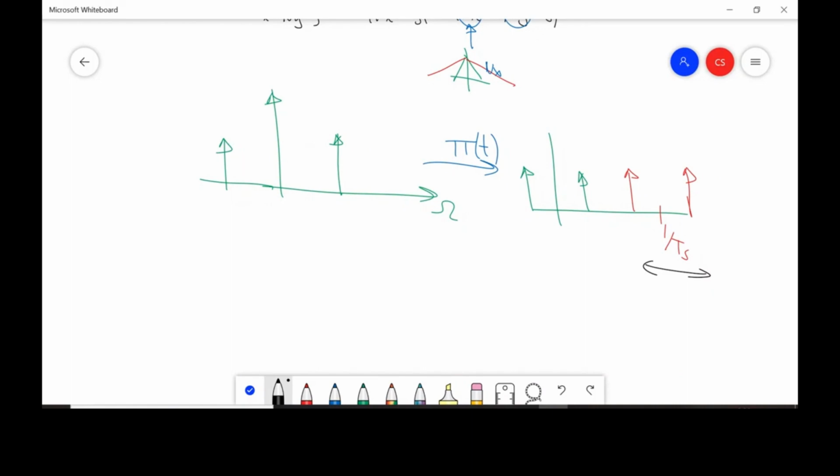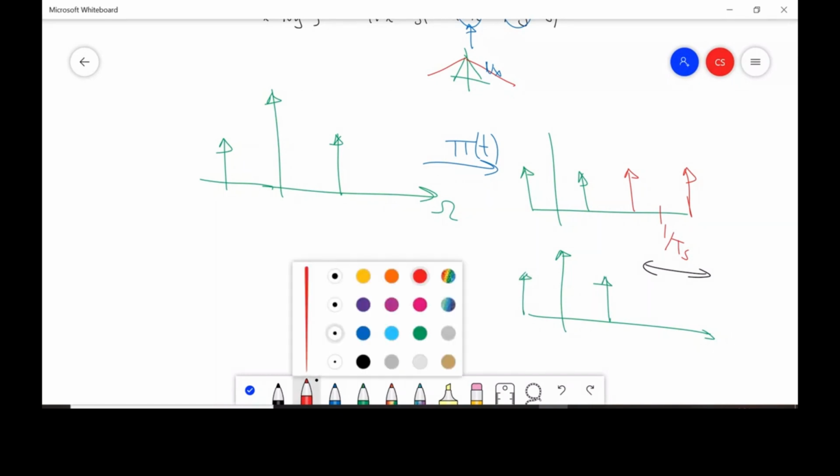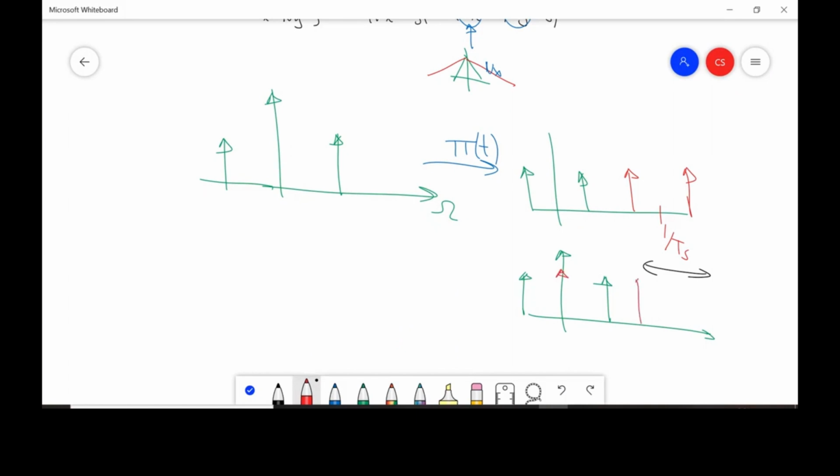And then I may choose it in such a way that the copies appear here. So we have this one. And I choose it in such a way that the copies are here. Let's say that this frequency is 1 over the period of the wheel.